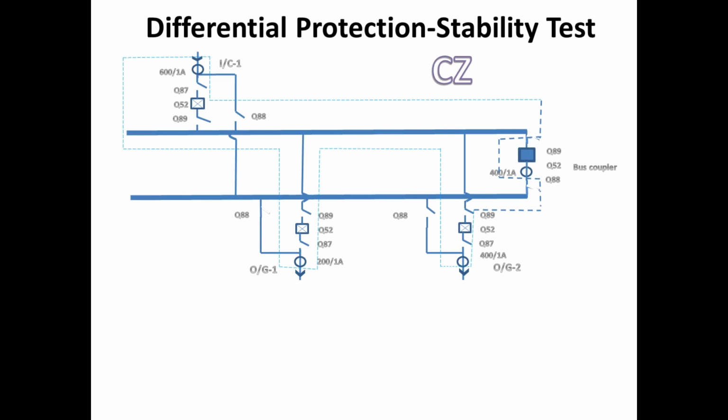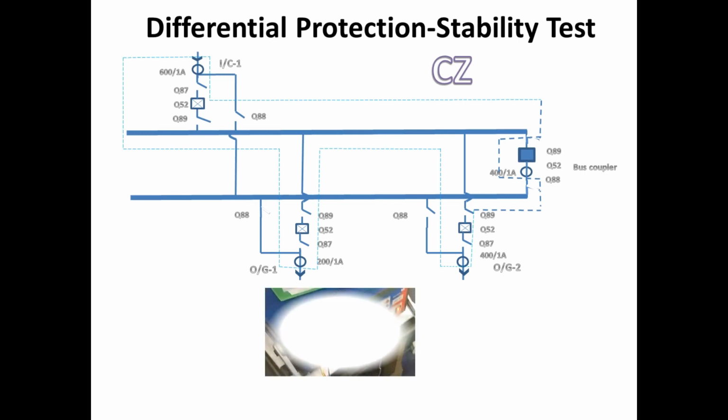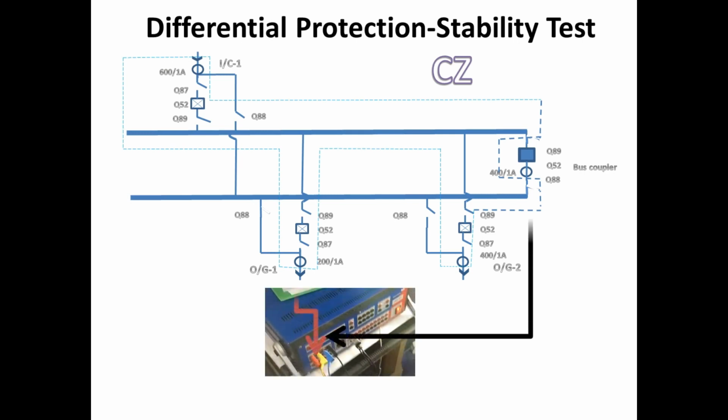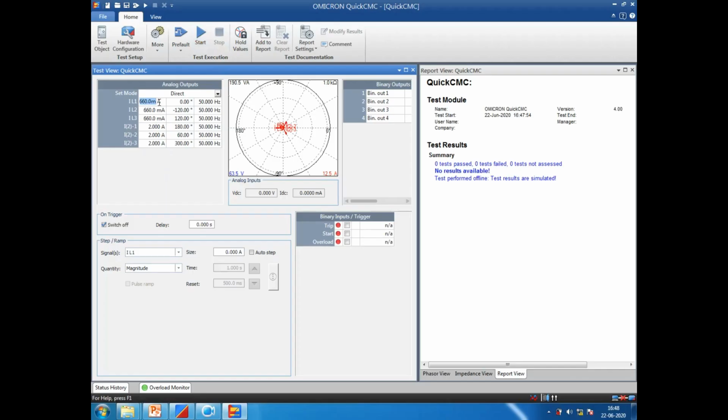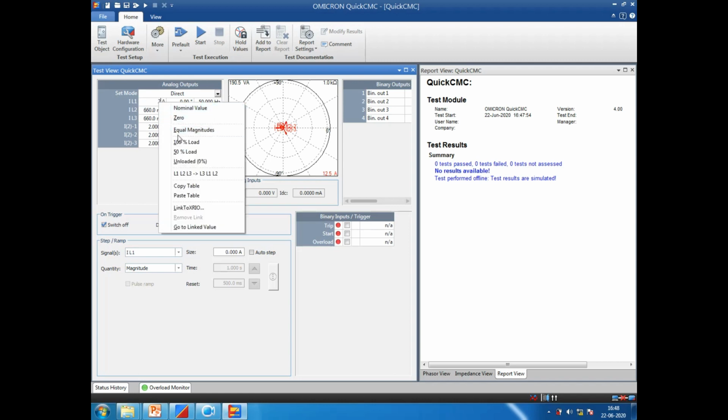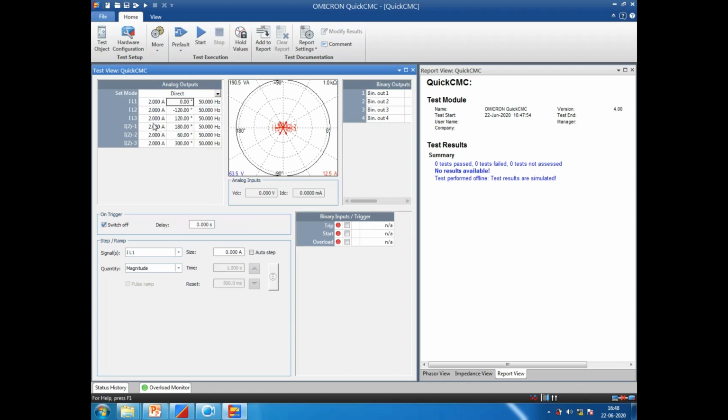For zone 2 we can directly connect the panel of bus coupler CT and outgoing 1 CT, and inject. For outgoing I am going to inject 2 like previously, and for bus coupler I am going to inject 1, but the angles are reversed. Now we will check the check zone.